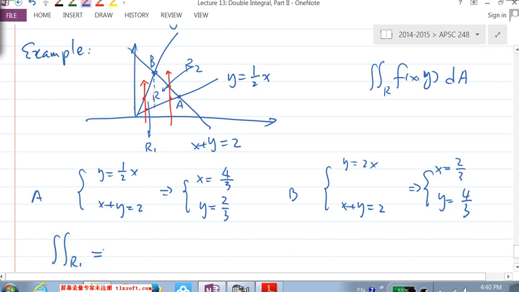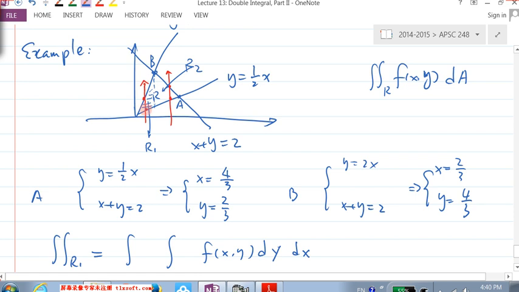R1. I want to integrate with respect to y first, so dy dx. What's the limit when you're integrating over R1, this portion? You draw the reading line across R1.